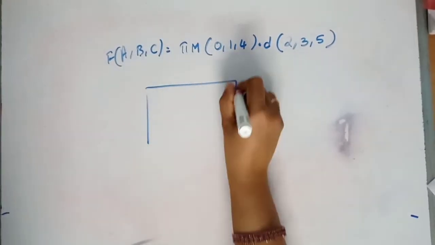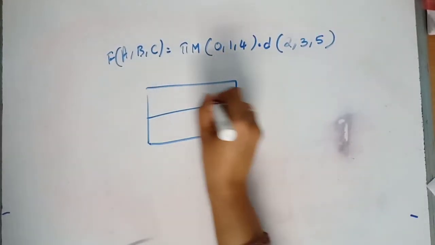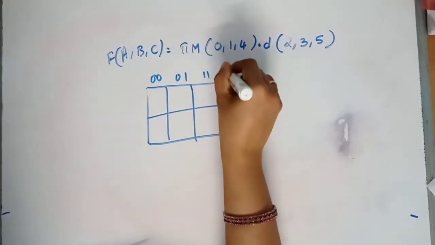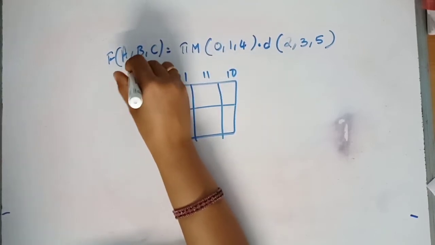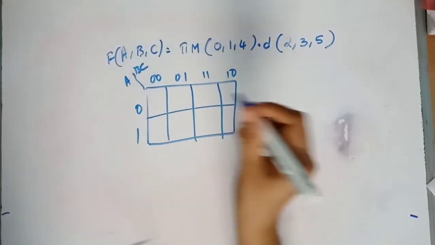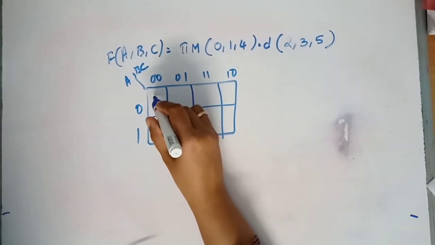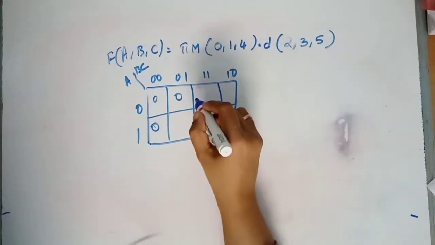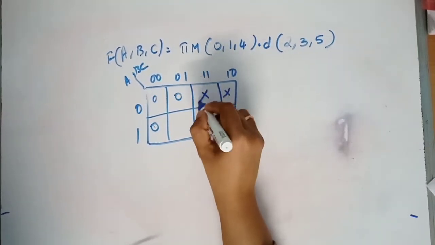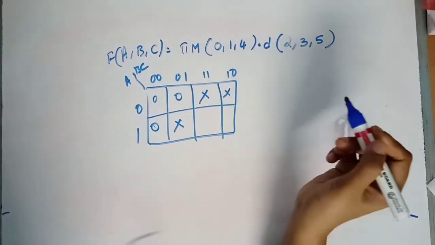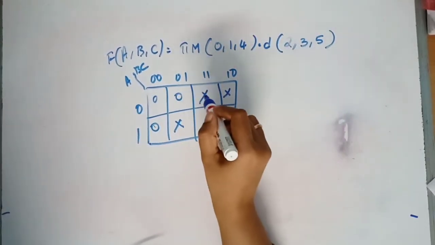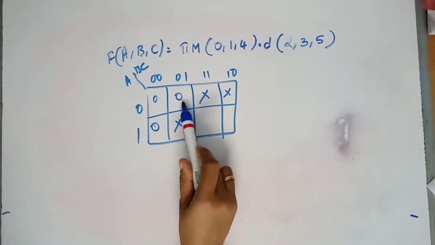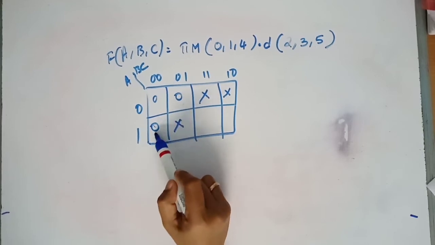So A, B, C, 0, 1, 1, 1, 1, 0, A, B, C, 0, 1, 0, 1, 4, 2, 3, 5. So here, in this particular case, these 2 zeros should be grouped with this.